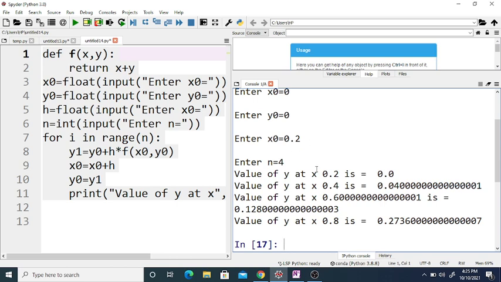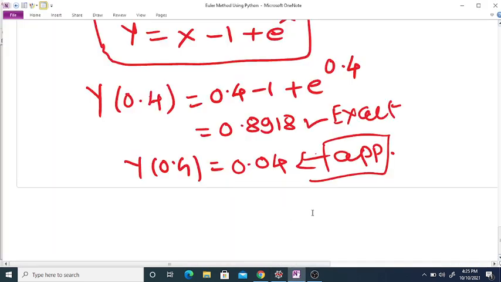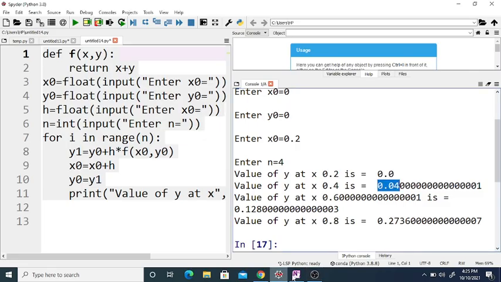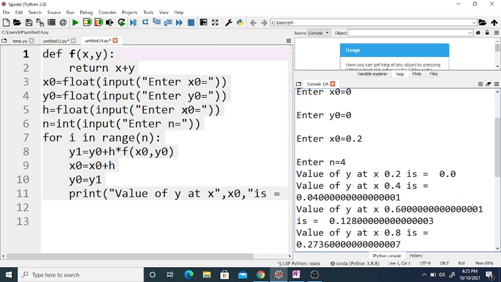So now you can observe here the value of y at 0.2 is 0, at 0.4 is 0.04. We also manually calculated this, y of 0.4 is 0.04 by using the Euler method. But if you observe, there is some error here.